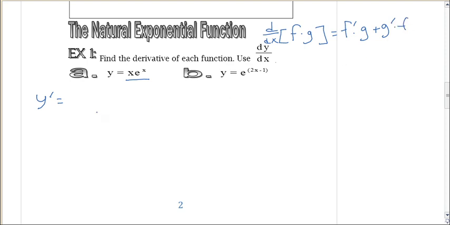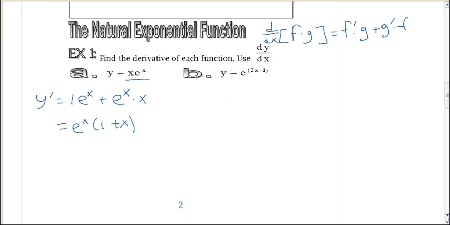So that's what I'm going to apply right now. The derivative of x makes 1 times e to the x plus the derivative of e to the x, which is just e to the x, times x, and you're done. You can factor out an e to the x and rewrite it as e to the x times the quantity 1 plus x, but it's the same thing.